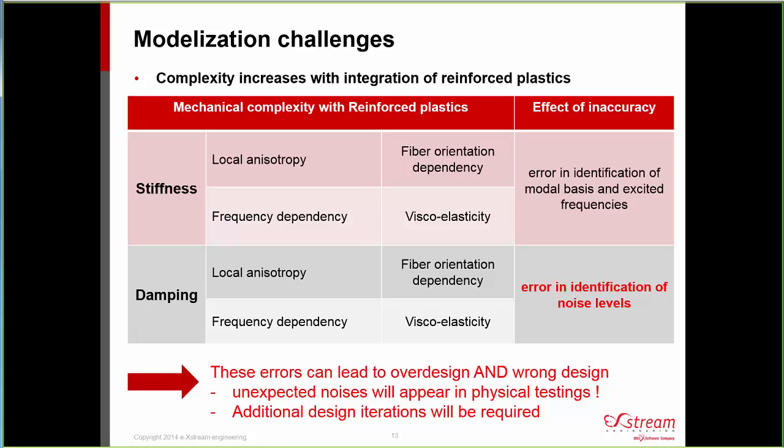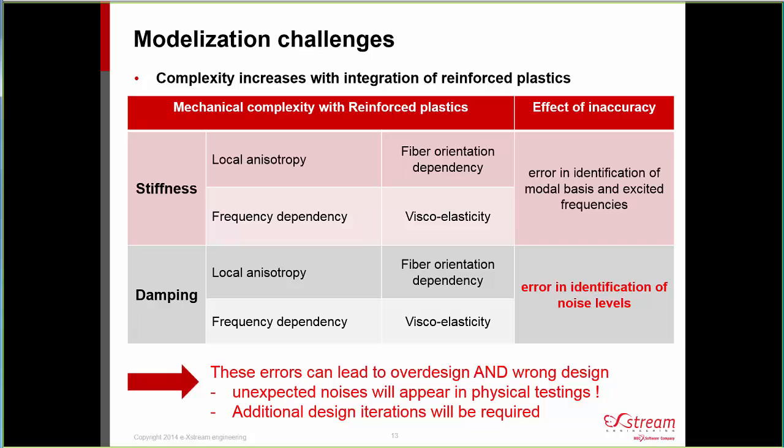So today, what are the modelization challenges when we talk about doing frequency response analysis? I focus mainly on this one because, as I mentioned, it deals not only with stiffness but also with damping. The complexity brought by reinforced plastic is that we have to take into account the local anisotropy, which is due to the heterogeneity in the fiber orientation distribution through the part, which can vary a lot.